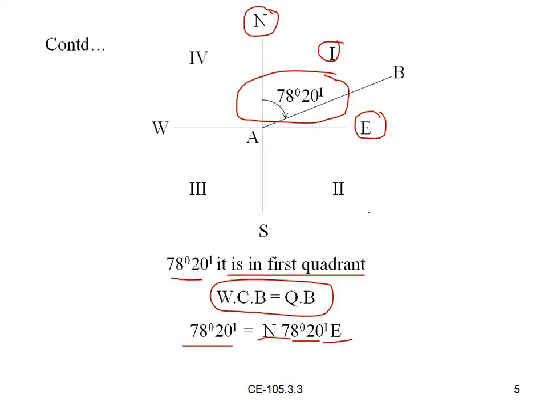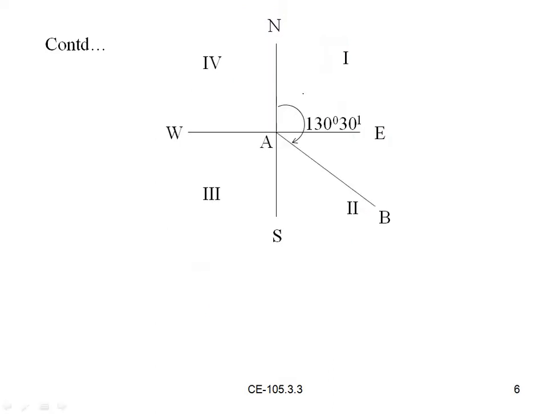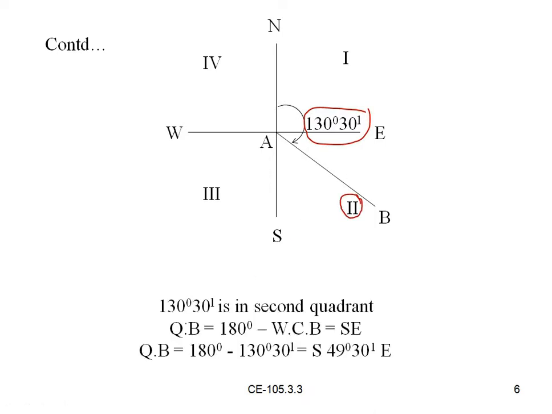Next, another one is given, 130 degrees 30 minutes. Which quadrant is it in? It is in the second quadrant. As per the condition, quadrantal bearing is equal to 180 degrees minus whole circle bearing. Why do we use 180 degrees?